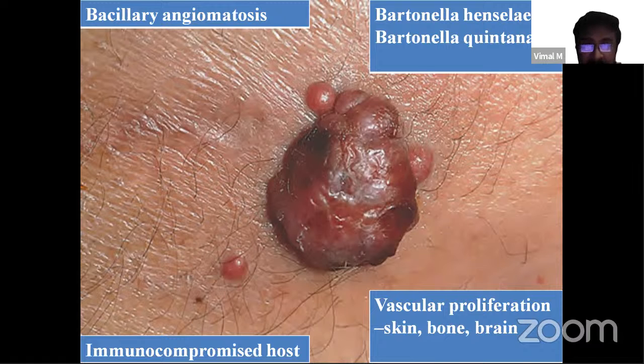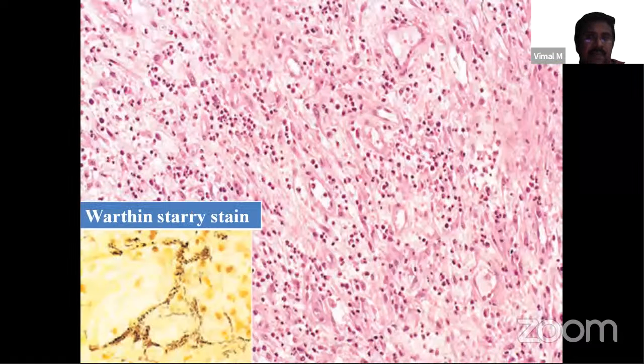And this bacteria is usually highlighted by a special stain called the Warthin-Starry stain. Warthin-Starry stain is a silver stain which highlights this bacteria, and it also highlights Helicobacter pylori. So please remember, Helicobacter pylori, which causes gastritis, has the Warthin-Starry stain as its special stain.